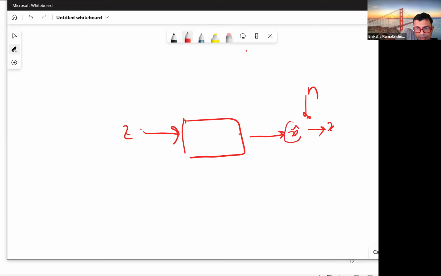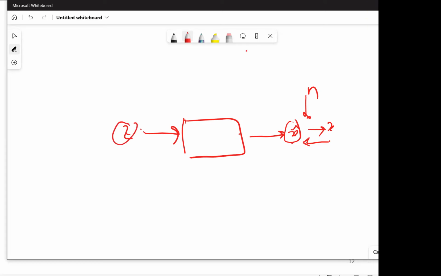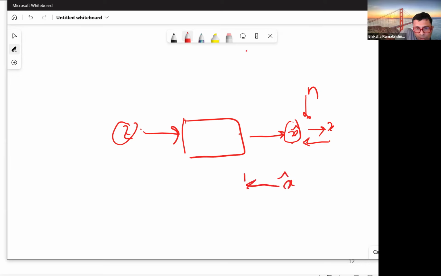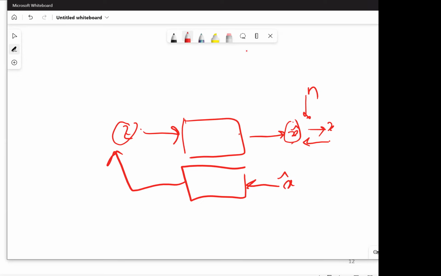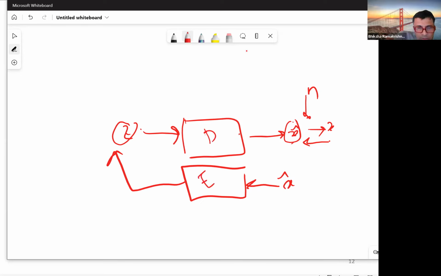So assuming I somehow figure out how to go from x to x hat, I need to go from x hat to z. I need an x hat. The inverse process of this forward box is the one that goes to z. This is the decoder, but the encoder is just the inverse of the decoder. We know this.